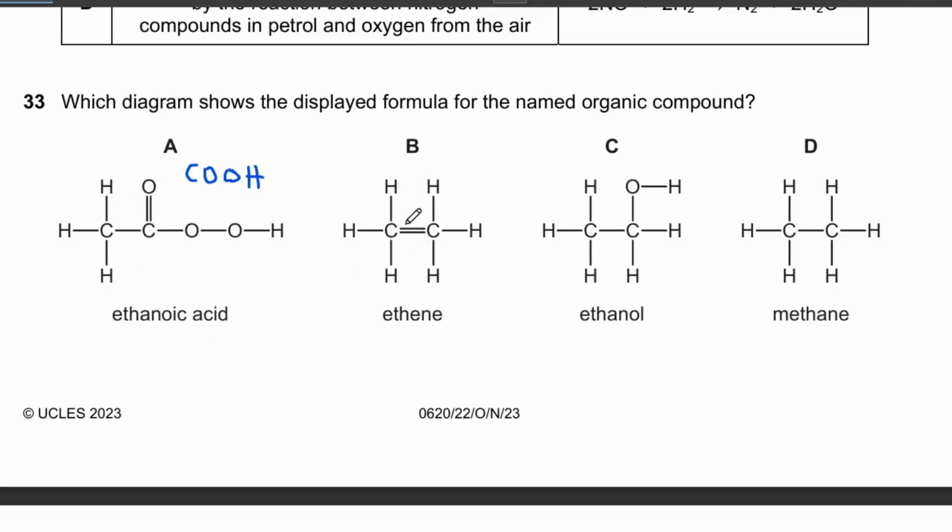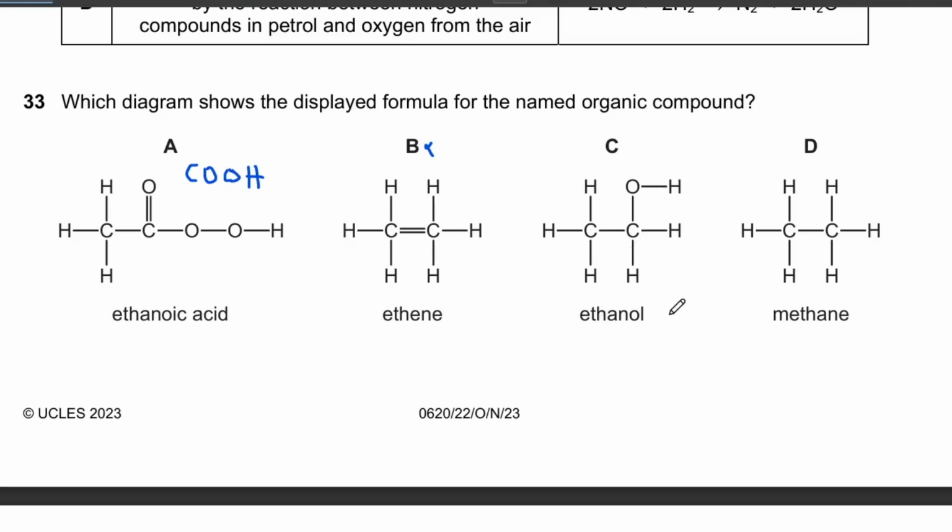B, ethene. It is also wrong because carbon is supposed to have 4 bonds, not more than 4. If you look at our carbon here, it has 1, 2, 3, 4, 5. This one also has 1, 2, 3, 4, 5. That is wrong. Our ethene is supposed to be C2H4, not C2H6.